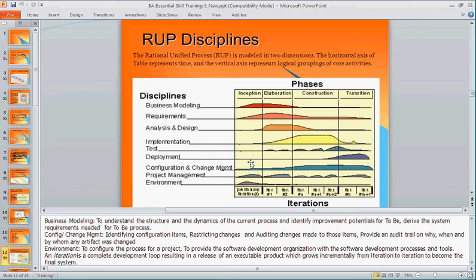So, when we go into another iteration, or before we actually go into another iteration, we as a project team, as the PMO, must have a process for change management. Anytime we make code changes, how will we manage that configuration change?